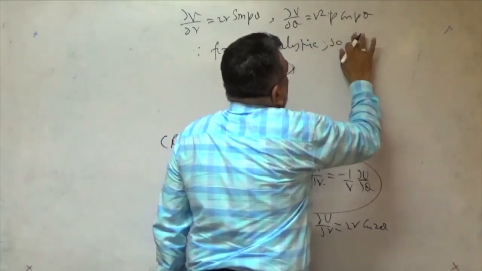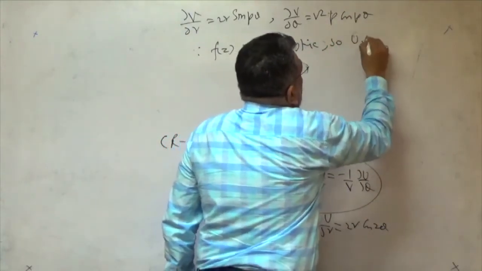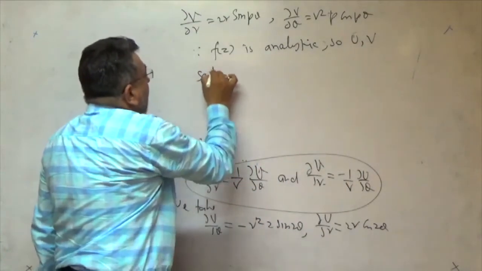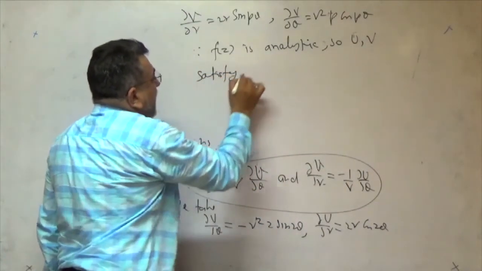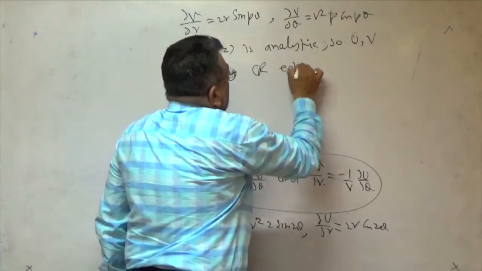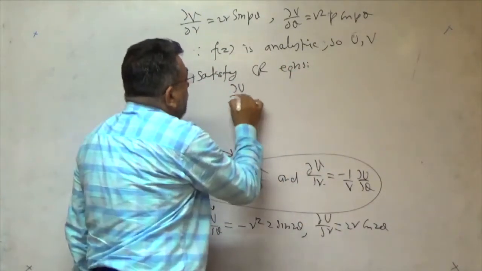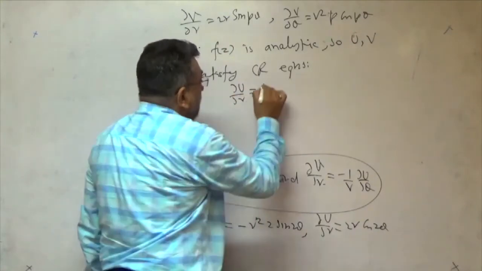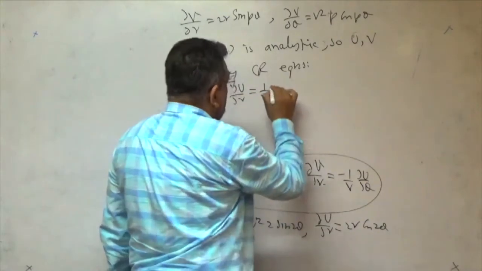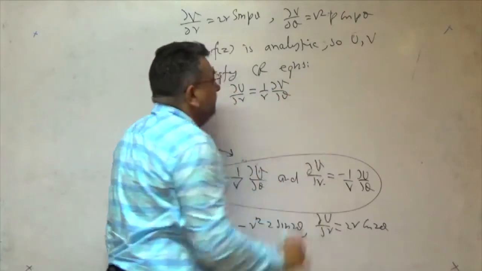u and v satisfy the CR equations. The CR equations mean del u by del r equals 1 by r del v by del theta.